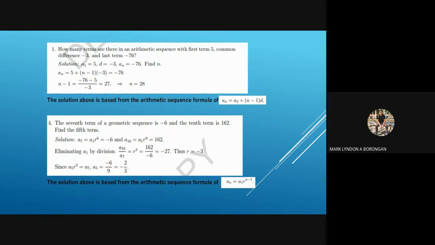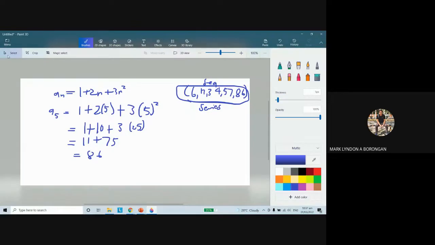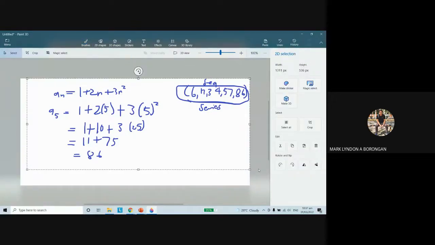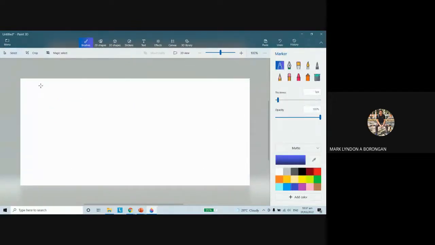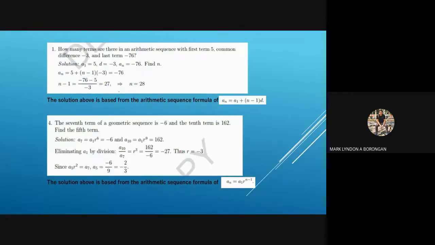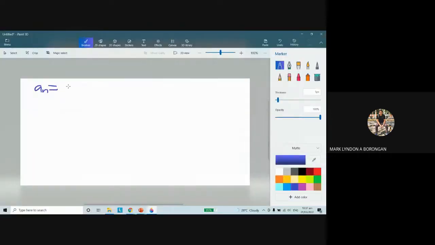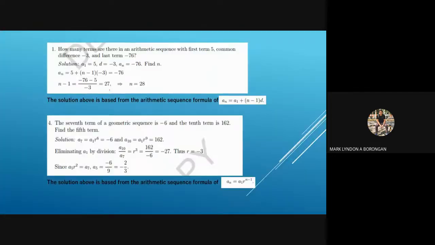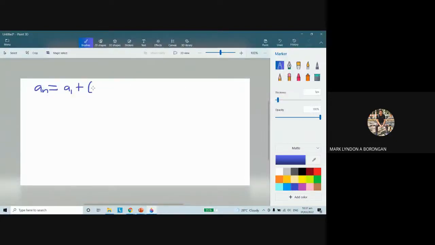I will just write it here, since we will do it manually. We have a sub n, which is equal to a sub 1 plus n minus 1 times d.